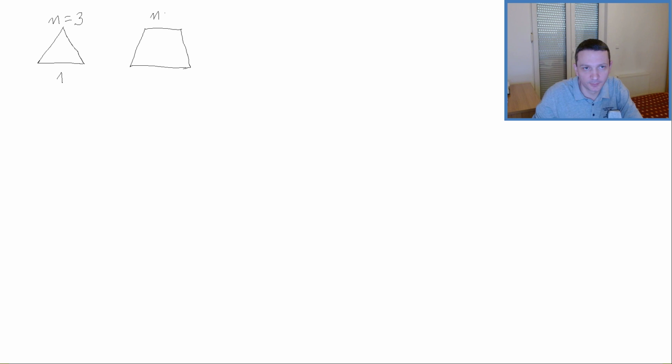If we have n equal 4, a four-sided polygon, then it's easy. We have only two diagonals, and we have 1, 2, 3, 4 regions obtained here. So for n equal 4, the solution is also 4. Let's check another example here. A five-sided polygon, n equal to 5.